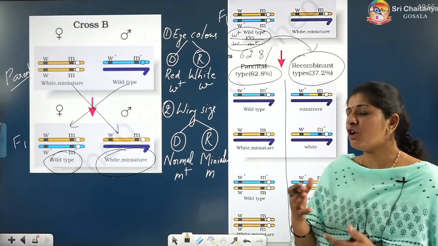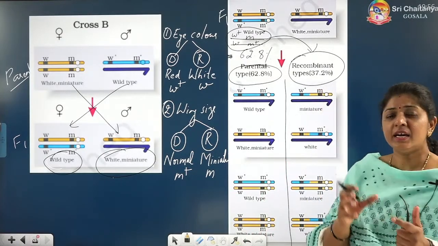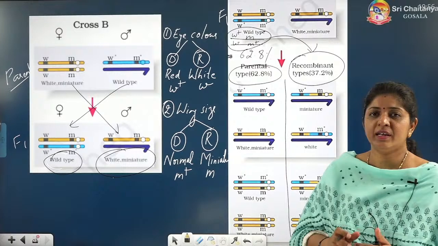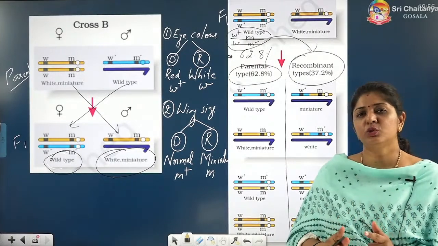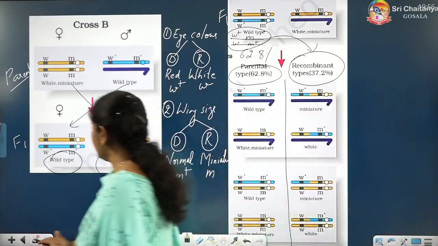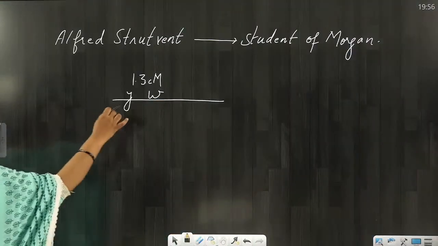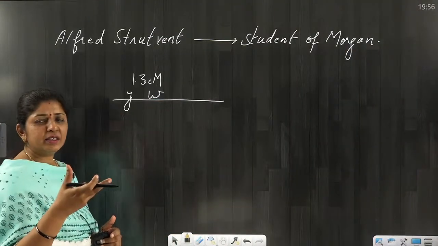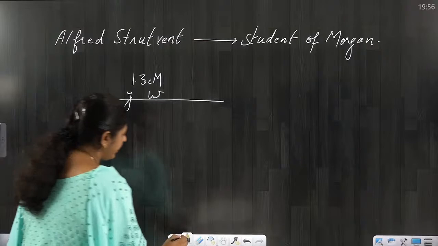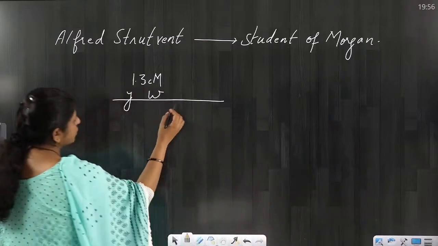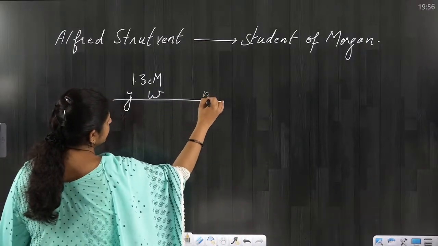In cross B, how much is that percentage? 37.2%, and they are present on the same X chromosome. So can I say what the position of the wing size character is on this X chromosome? It will be somewhere like this.